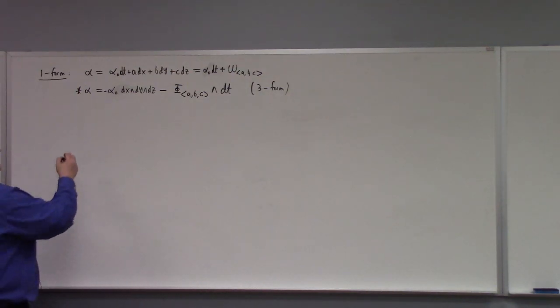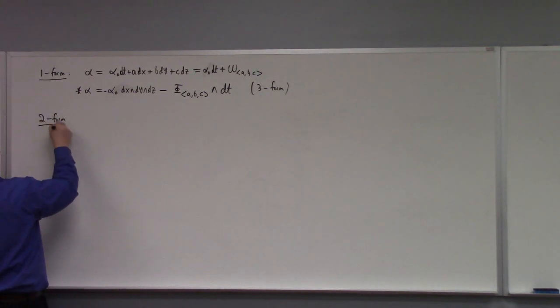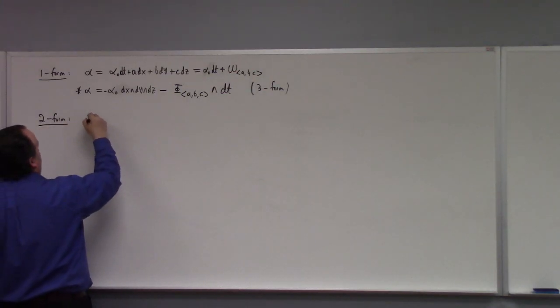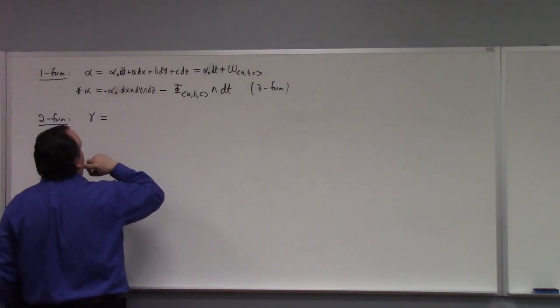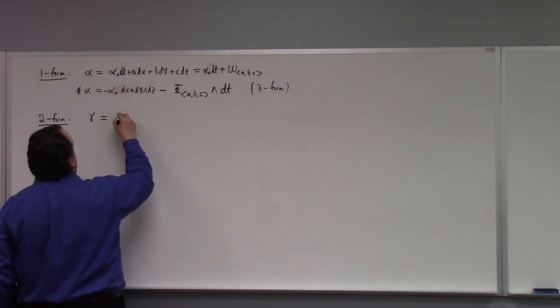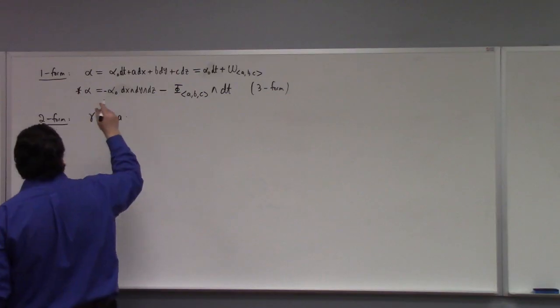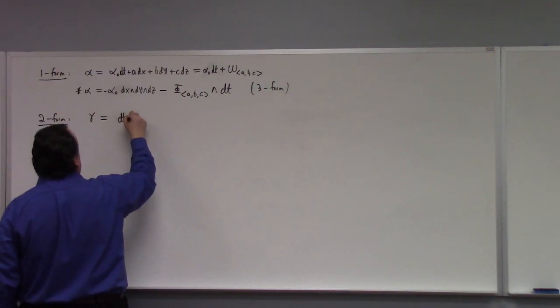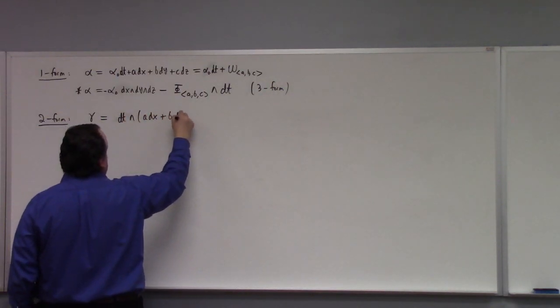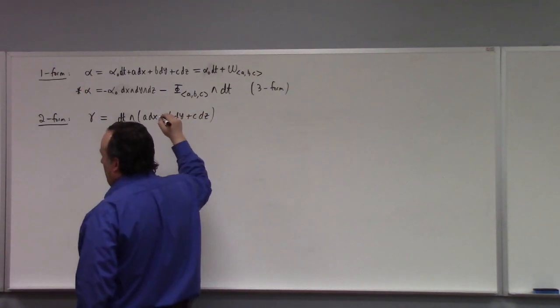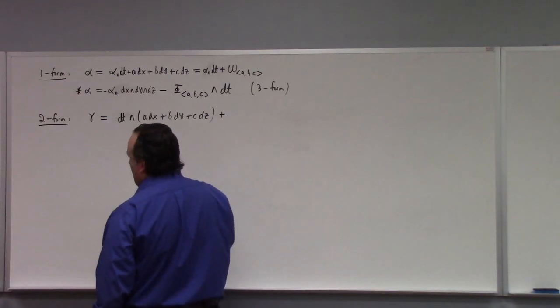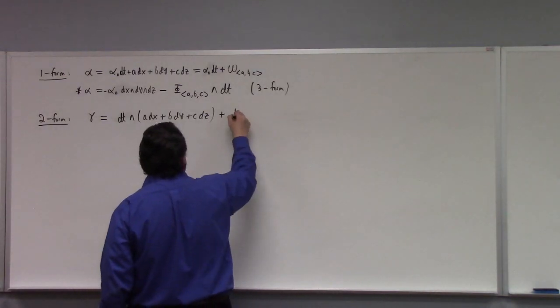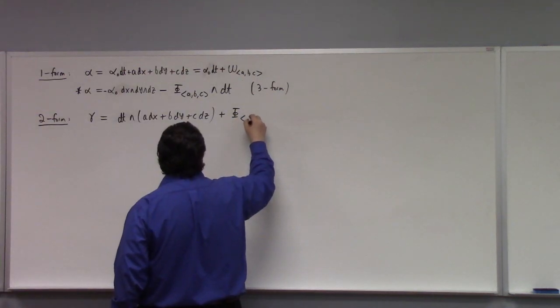Now, a 2 form we can write as something like gamma, of the form dt wedged with a dx plus b dy plus c dz, plus, like, a flux form of, let's say, vector, I need some more letters here, d, e, f, all right?